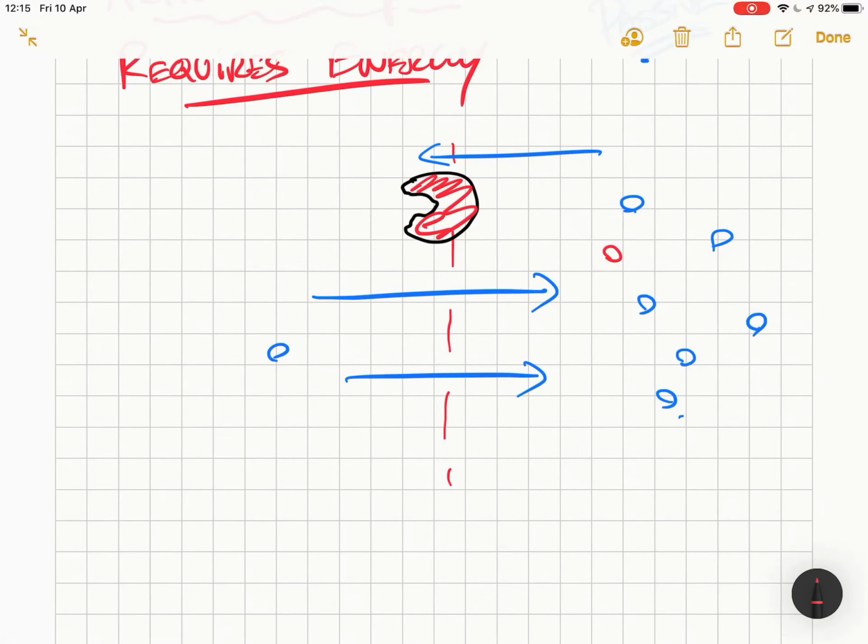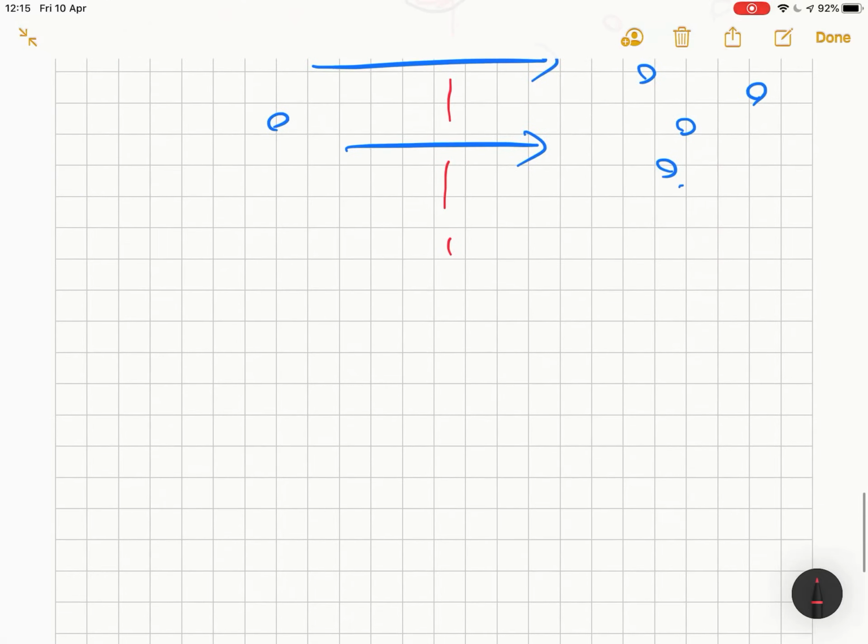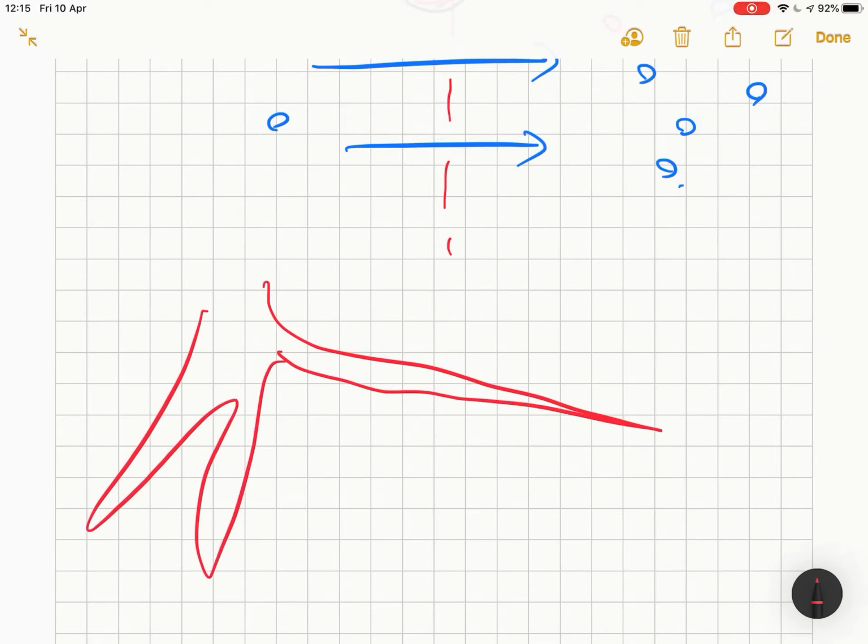The other area where you'll get active transport is of nitrates and minerals. These nitrates and minerals are actively transported against a concentration gradient because they're required by the plants, and that happens in the roots of plants.